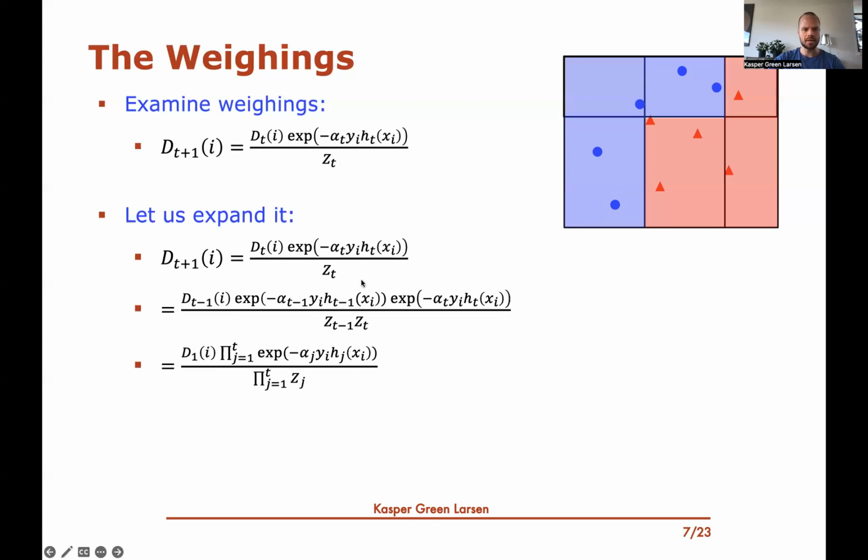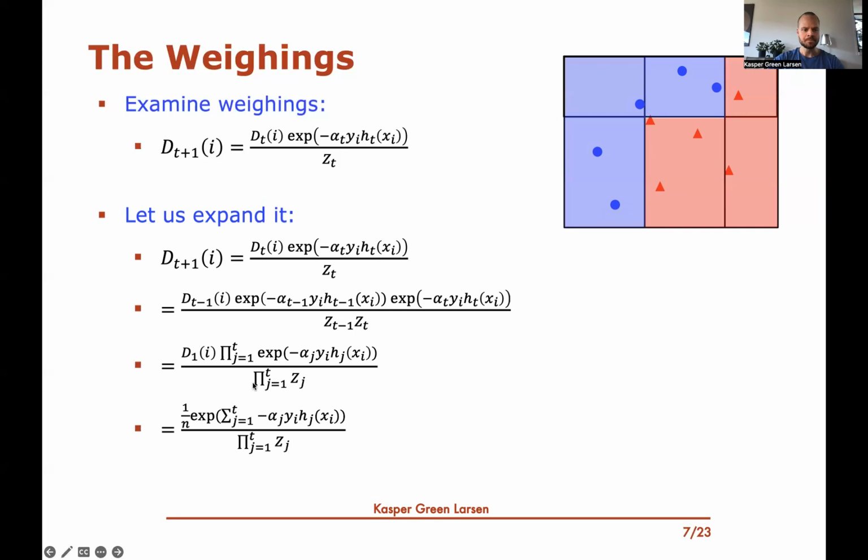And then what I get in all these expressions is a product, a term for each j from 1 up to t, of e to the minus alpha j, y i, times the prediction of the jth hypothesis on x i. And of course, in the denominators, I get the product of these Z j's. Now D sub 1, this is the last step we can go back to. Here we know that the first weight that we put on everything is just 1 over n. That's the uniform weighting in the first round.